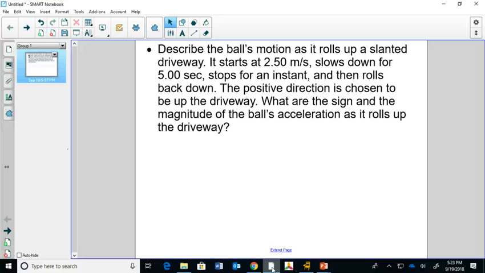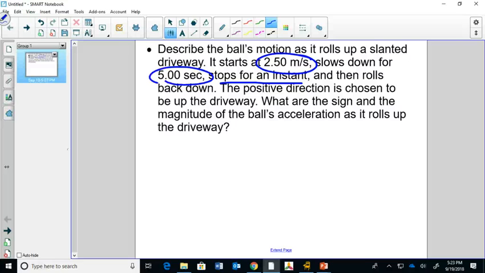And we want to know what is its acceleration. Well, we have its initial velocity is 2.50 meters per second, right? We know that it stops at the very top, right? So that's going to be the end of our motion. And we're trying to find out what was its acceleration. We also know that it's going for 5 seconds.